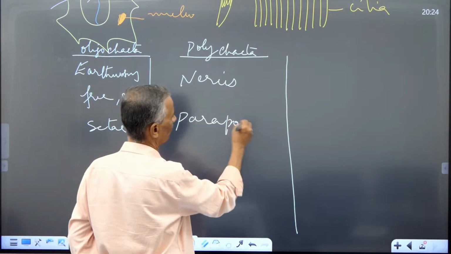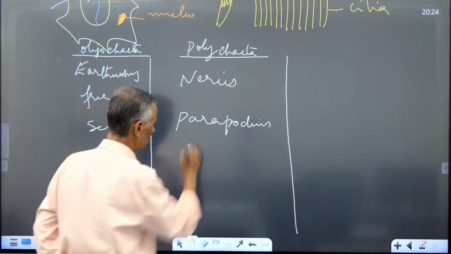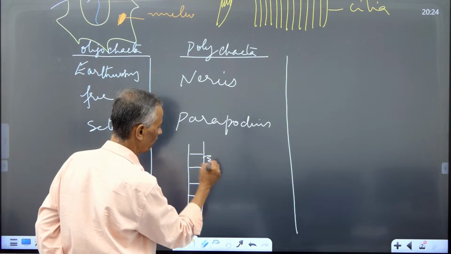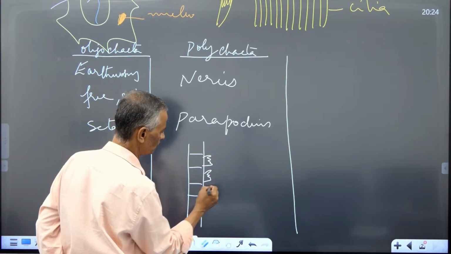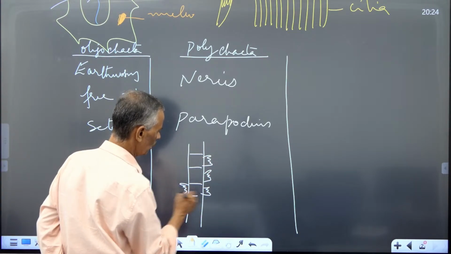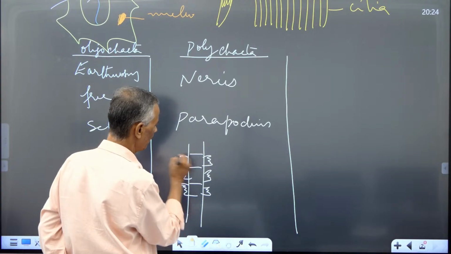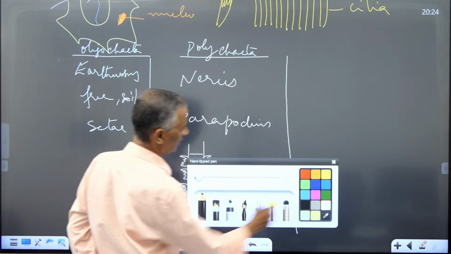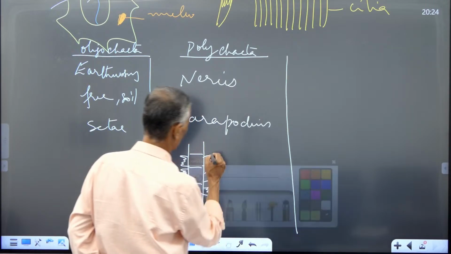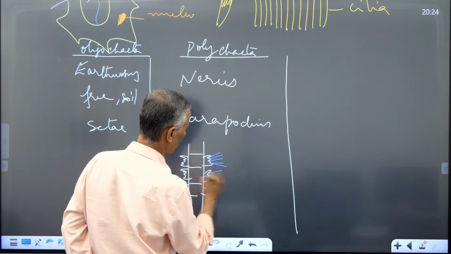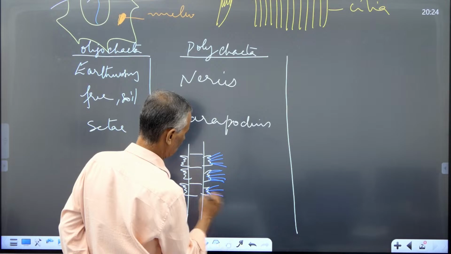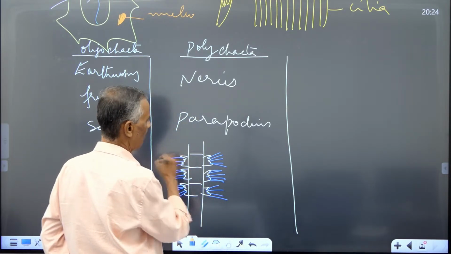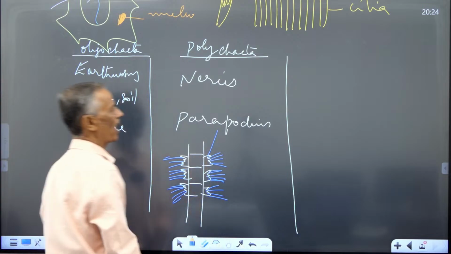This is the body which is segmented. On either side of the body, you are having some lobe-like structures. In these lobe-like structures you are having a large number of fibers, chitinous structures, a large number of chaetae. That is why it is called Polychaeta. And these structures are parapodia.